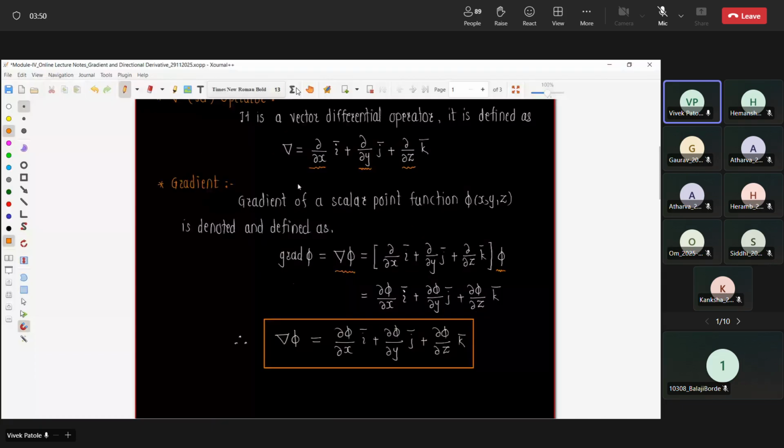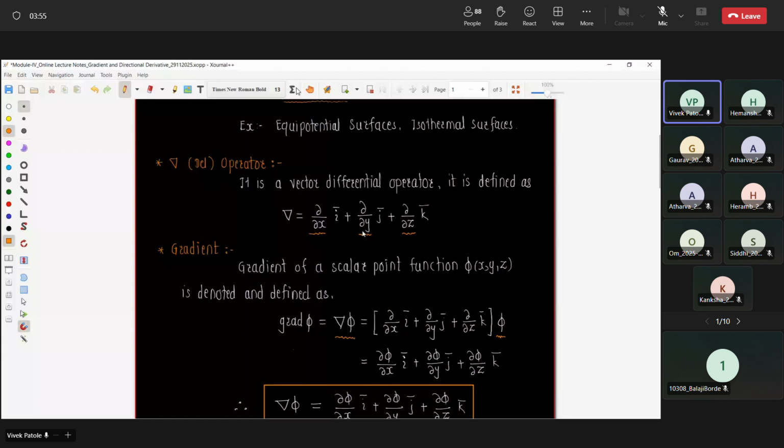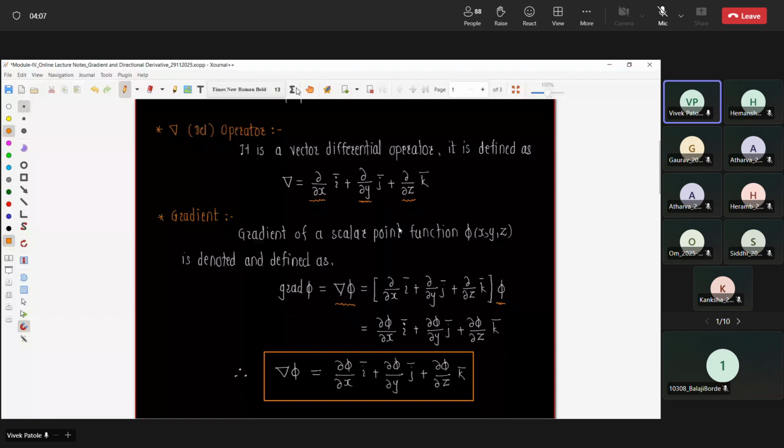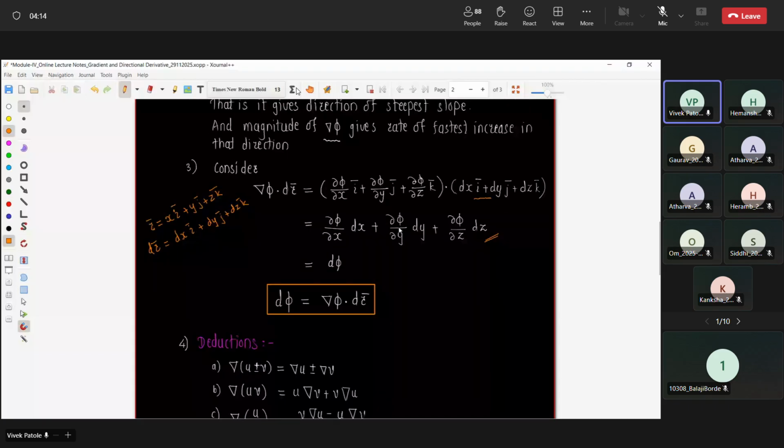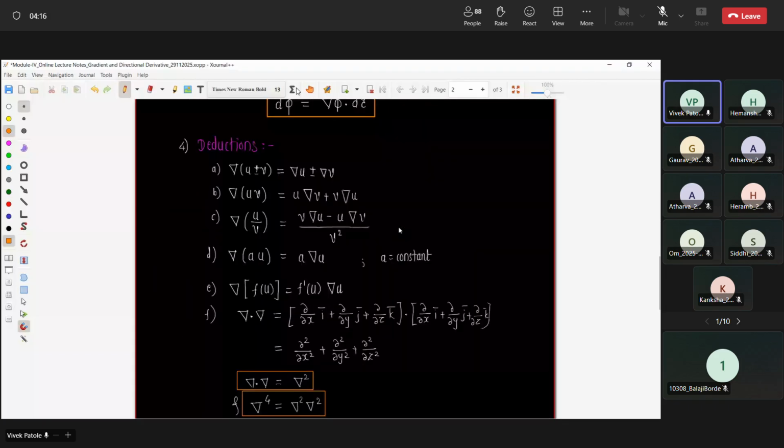Basically, it contains derivatives, ∂/∂x, ∂/∂y, ∂/∂z. All these are differential operators, right? When we operate them on something, it will give us the derivative of that function. So, since it has differential operators, it will satisfy all the properties of the derivative.